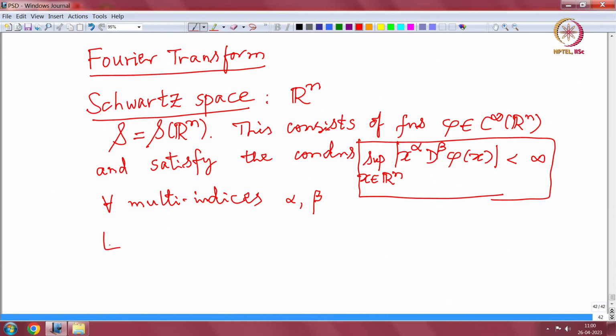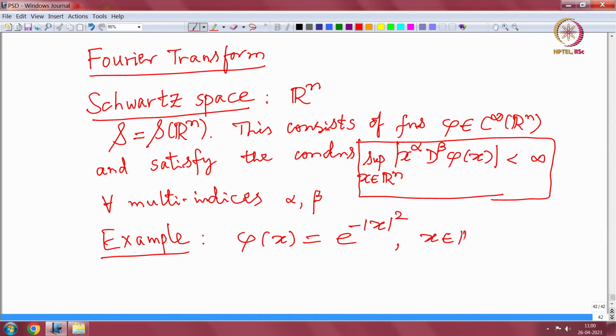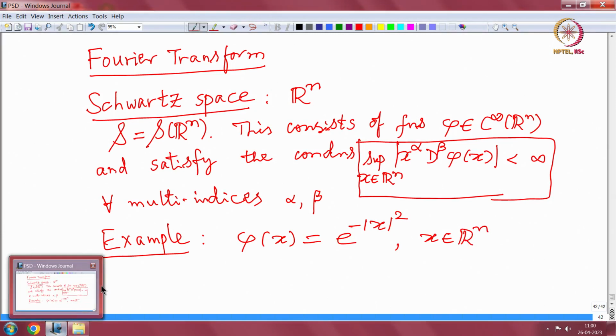So a typical example, which appears again and again, is the Gaussian.